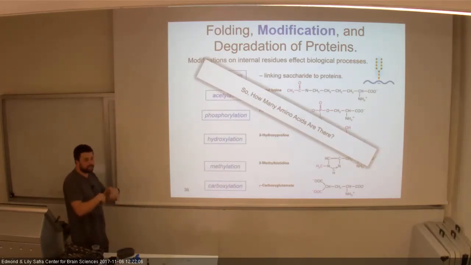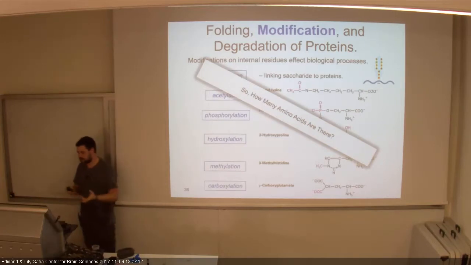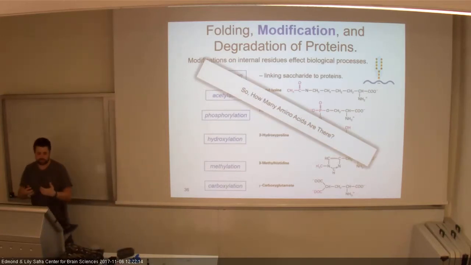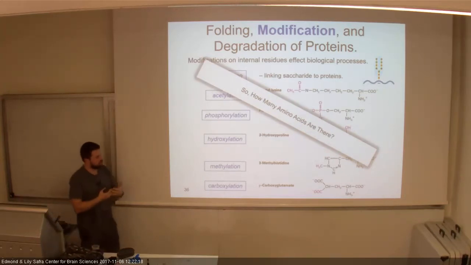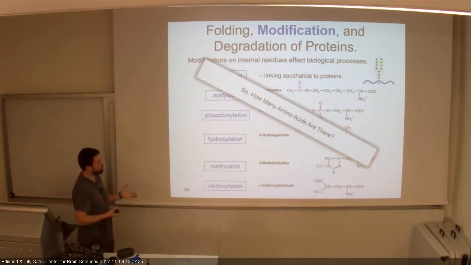And now I tell you that after the protein is produced, these amino acids can undergo modifications. So what it actually gives us is that there are a lot more possibilities for the structure and molecular composition of amino acids because of these modifications, much beyond these 20 amino acids.